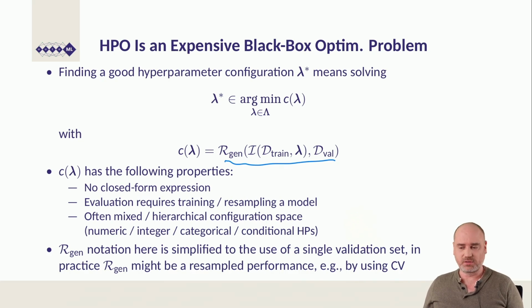And we'll discuss this later in more detail, our hyperparameter space is often of a mixed or even of a hierarchical structure. So there can be numerical parameters in there, integer hyperparameters, categorical hyperparameters, but even conditional hyperparameters, especially if we are configuring something like full machine learning pipelines.